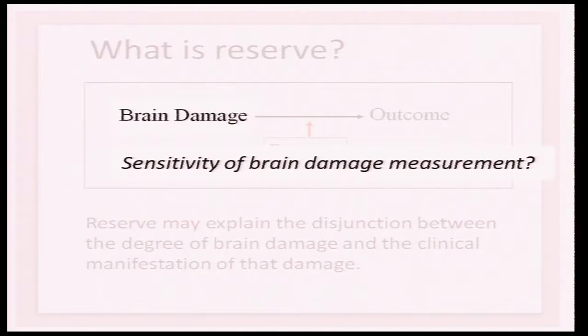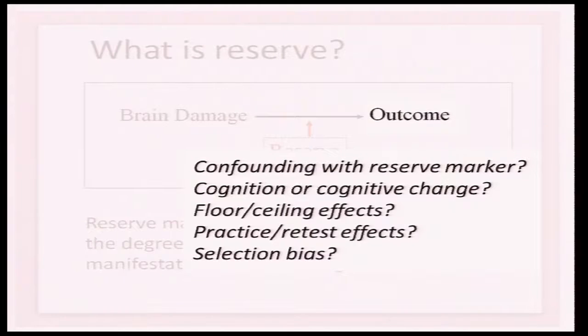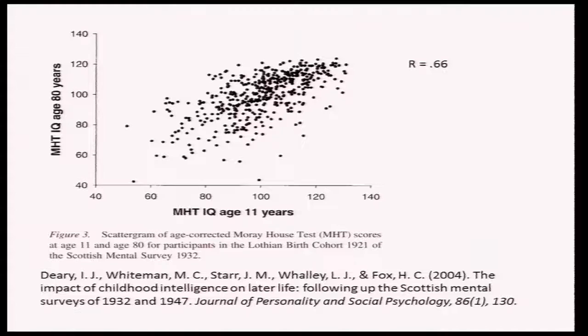But also on the X variable side, we really need to have very sensitive measures of the brain damage part, because if we want to draw our causal connections, and the outcome side has its own set of problems in epidemiology. We want to make sure there's no confounding of our reserve marker with our outcome. We want to know if we're studying cognition or cognitive change. If we're studying cognitive change, we have to deal with floor and ceiling effects and practice effects, and selection bias is a really important problem.